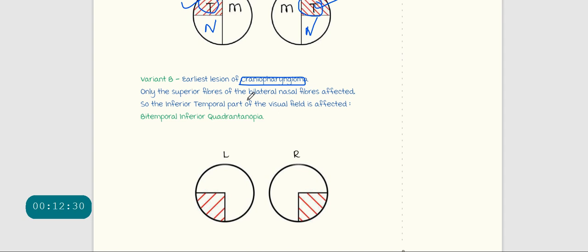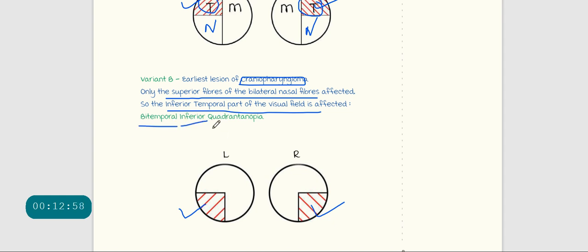So if the superior fibers are affected, then the vision lost would be the inferior one. This is clear. So the inferior temporal vision would be lost. Very easy. This condition would be known as bitemporal inferior quadrantopia. Very simple.